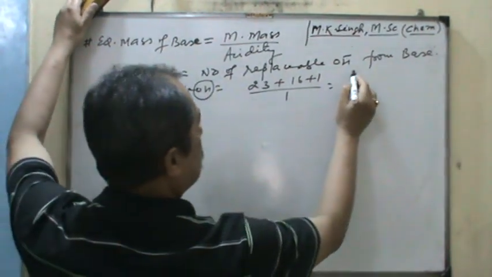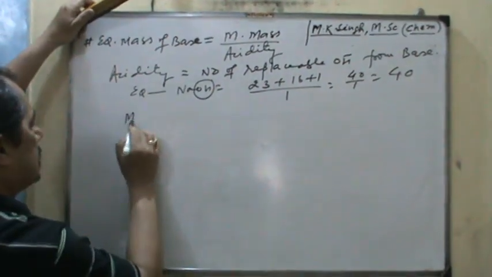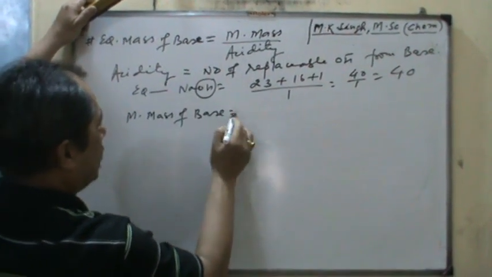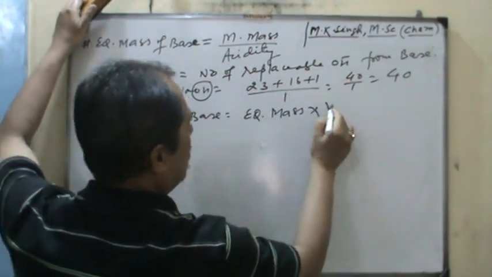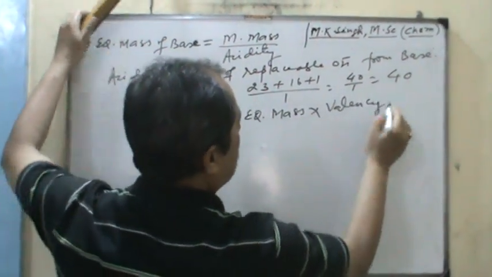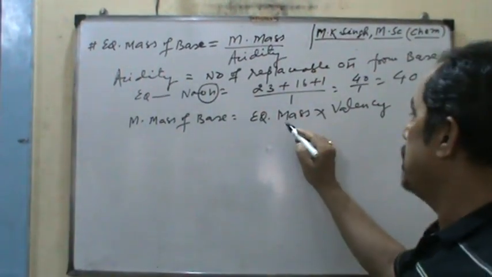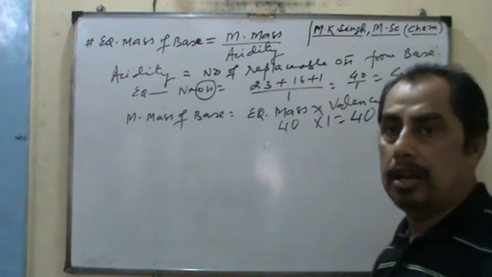So your answer is 40 by 1. It is 40. If you discuss molar mass of base, then what is the formula? Equivalent mass into acidity. So tell me, what is the equivalent mass? This is 40 into 1. What is your answer? 40.